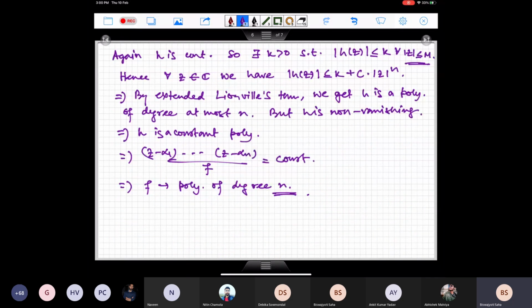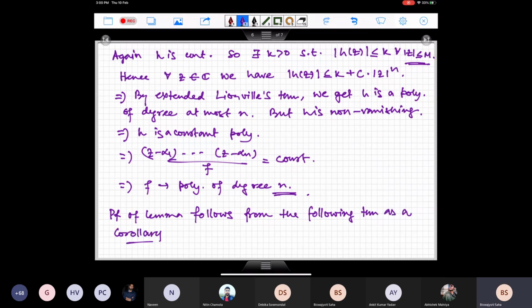So the proof of the lemma follows from the following theorem as a corollary. Okay, so let me state the theorem. So here goes the theorem.